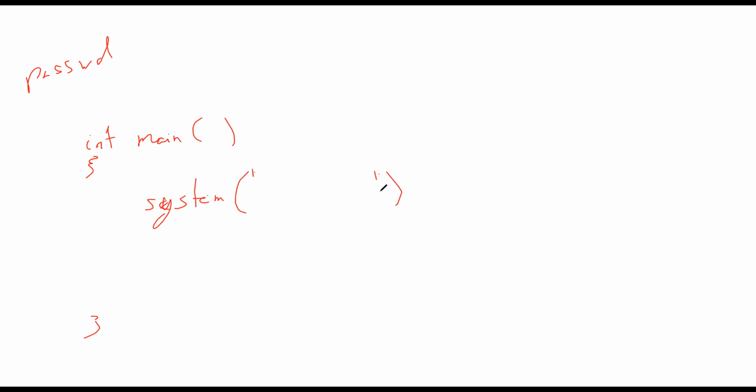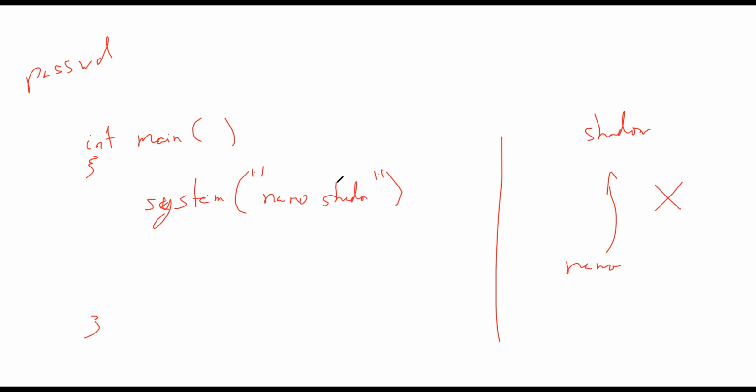And then you are basically doing what you were trying to do before through nano, accessing the shadow file, which was denied. This is going to be more complicated than just this, but it's almost like nano shadow, and now you're literally running that command through the shell by doing a system call here.